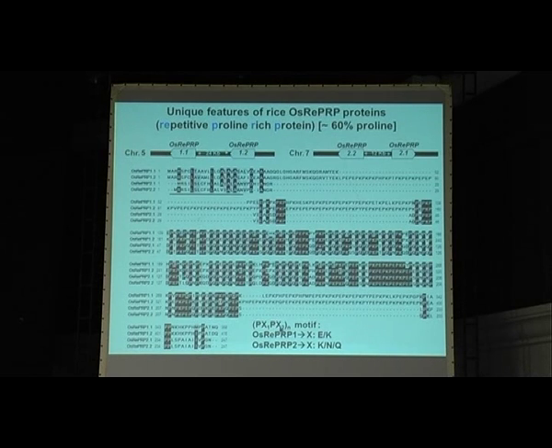The X1 and X2 are usually highly charged amino acids, either glutamic acid or lysine. So you could have a motif like PEPK, proline followed by glutamic acid, followed by another proline, followed by lysine. And this could be repeated many, many times in these 2 different proteins.